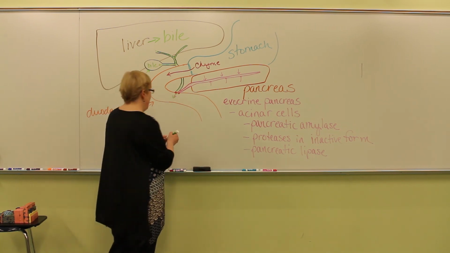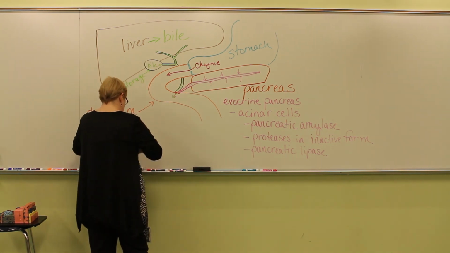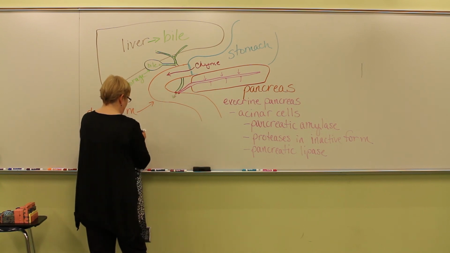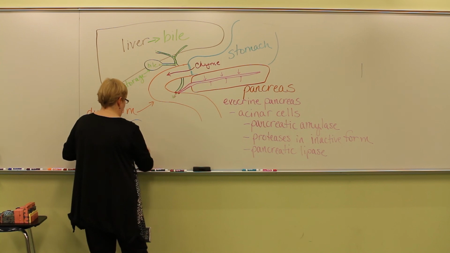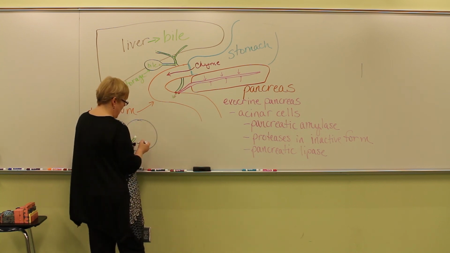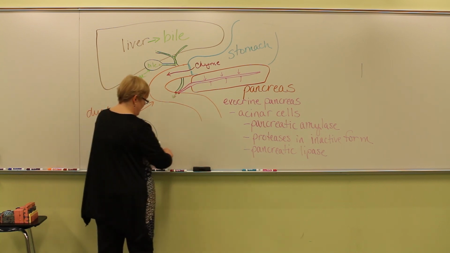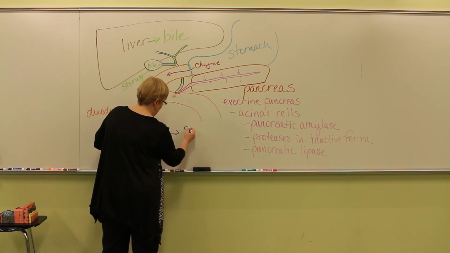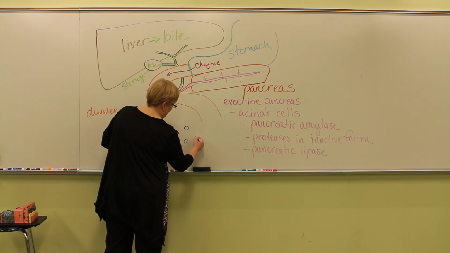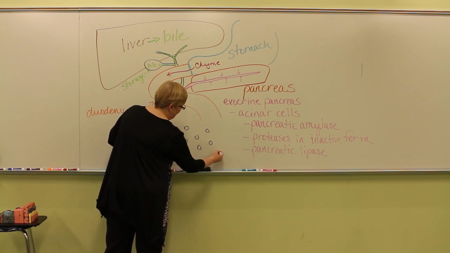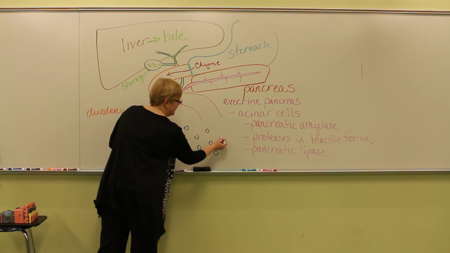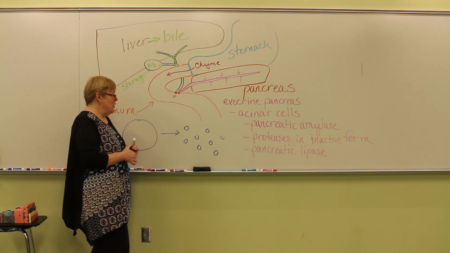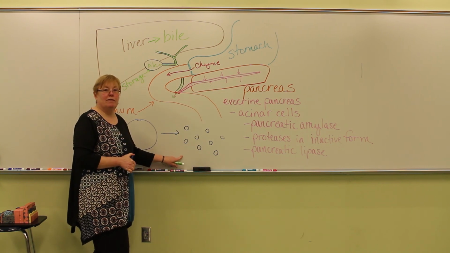So instead of having one huge drop of lipid that is not going to be efficiently digested, if you add bile, you get lots of lipid droplets. It's the same amount of lipid overall, but just like with the chewing, we've exposed more surface area.